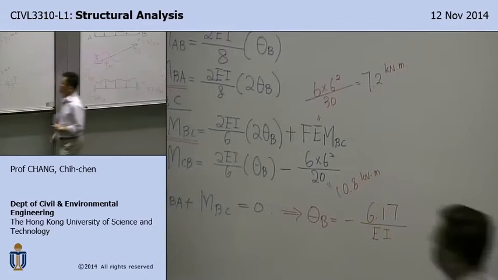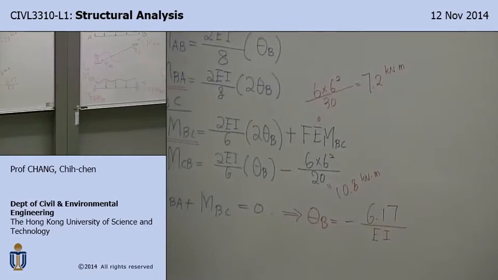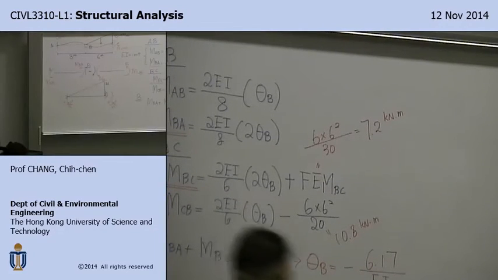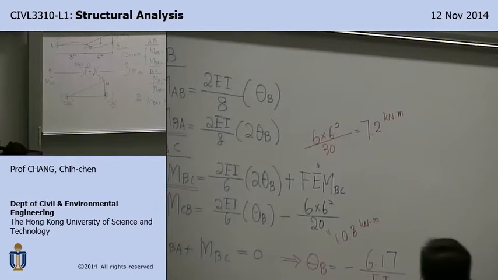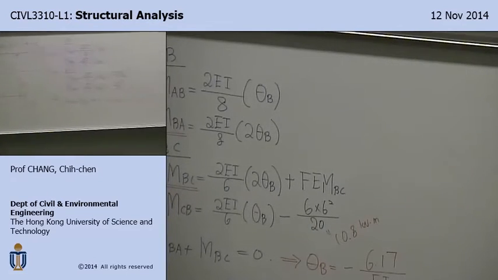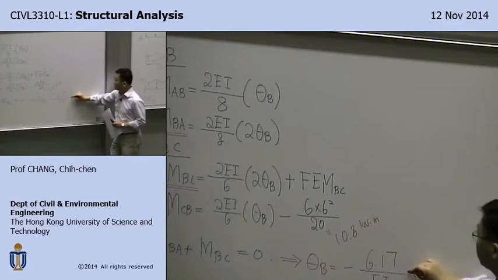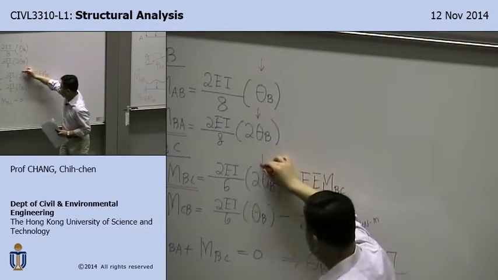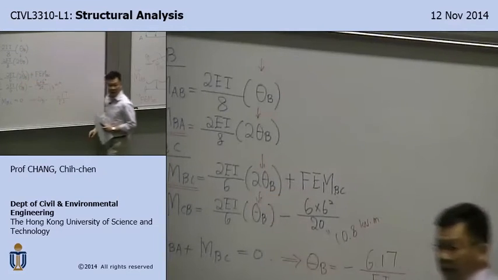OK, cool? Now, after that, things become very clear what you need to do. You just take this value, substitute it here, here, here, and here. Then you get the end moments.